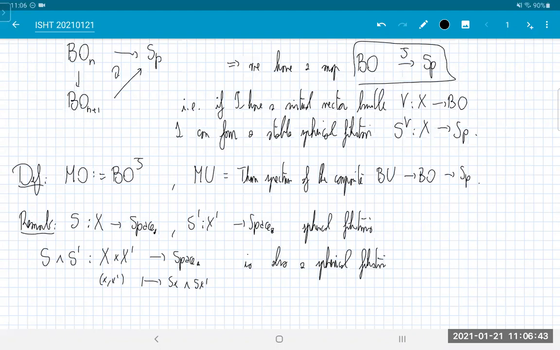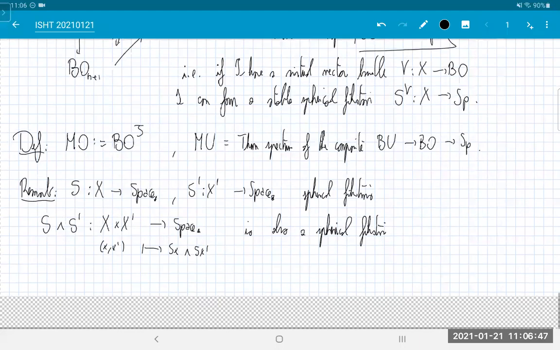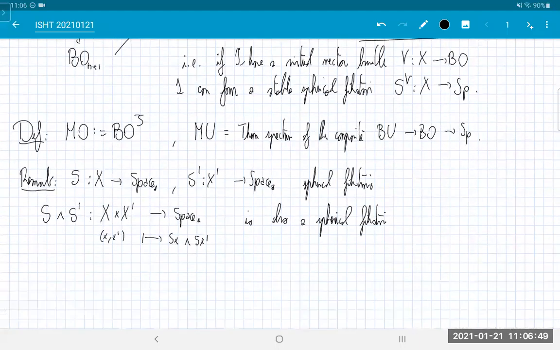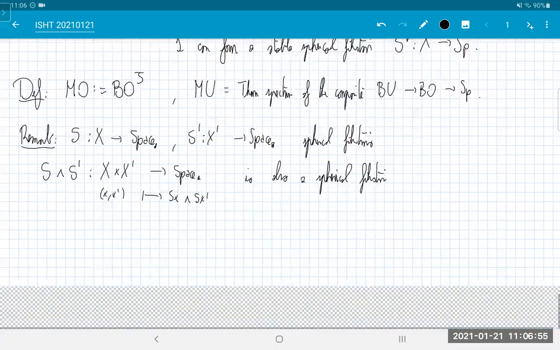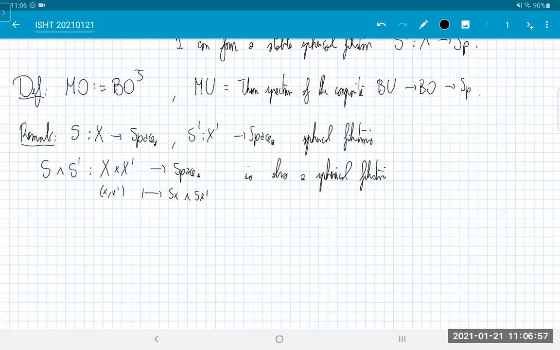Because smashing two spheres is a sphere and the ranks sum. And in the case they come from vector bundles, this corresponds to the direct sum of vector bundles. And the Thom space of S smash S prime is the Thom space of S smash the Thom space of S prime.